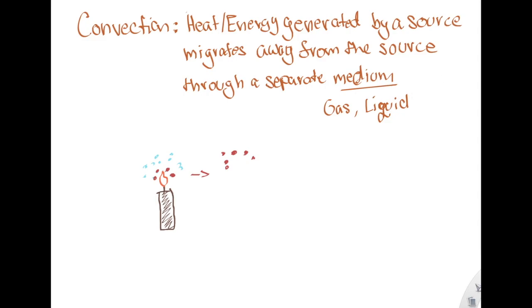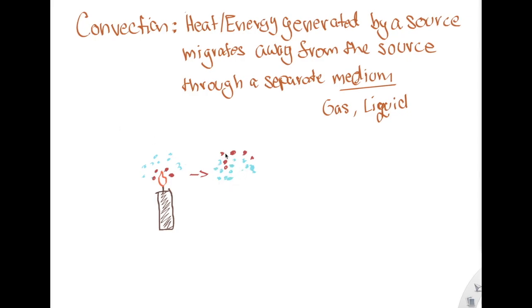Hot air like that. And then, once again, around the flame, we're going to have cold air. So the hot air is going to rise around and above the cold air.